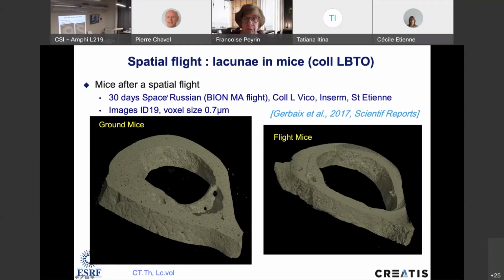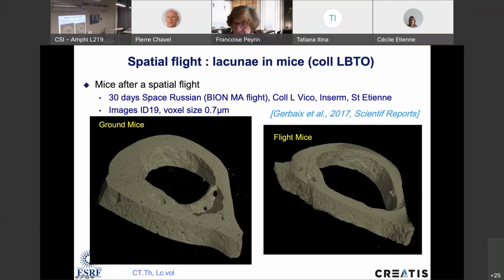As you know, she is very involved in studying bone in astronauts or after spatial flight. And we could image femurs of mice with synchrotron CT, ground mice and flight mice, this time with a voxel size of 0.7 micrometers. As you can see, the ground mice have a larger cortical thickness than the flight mice.